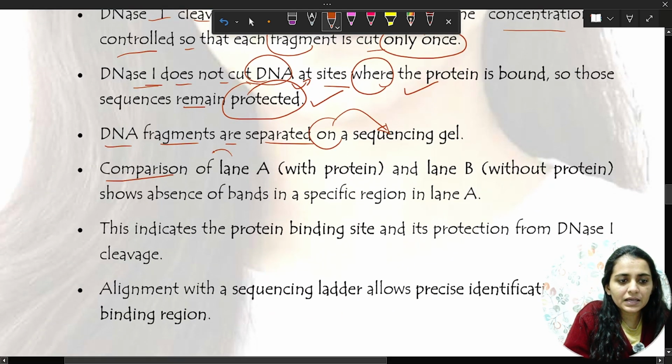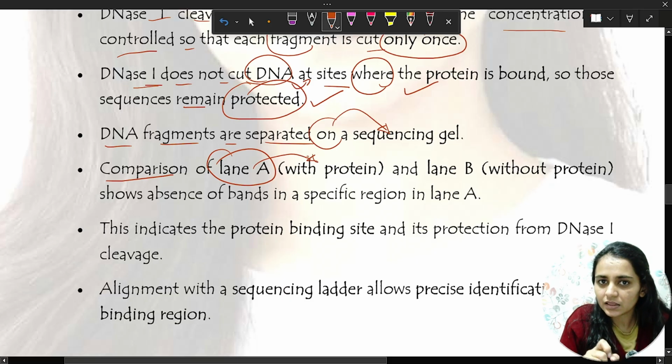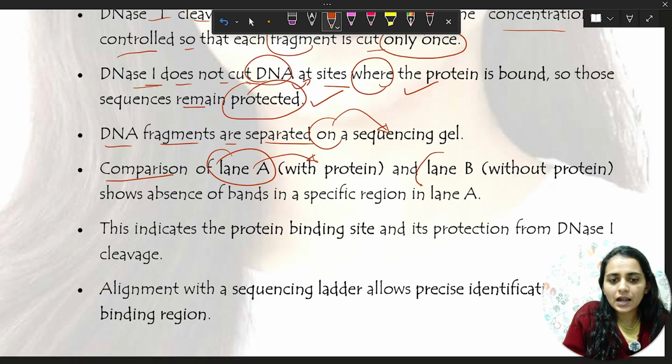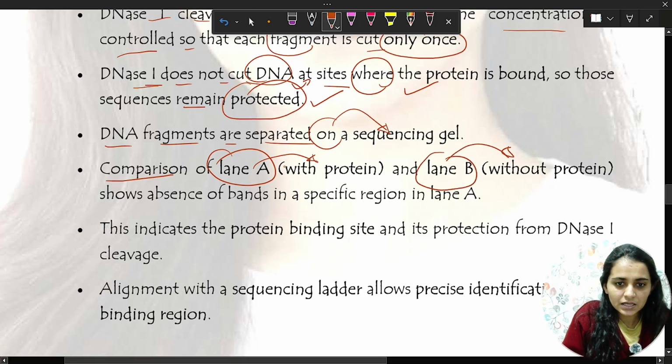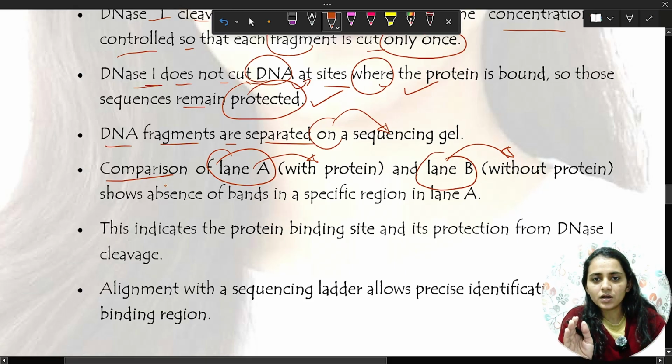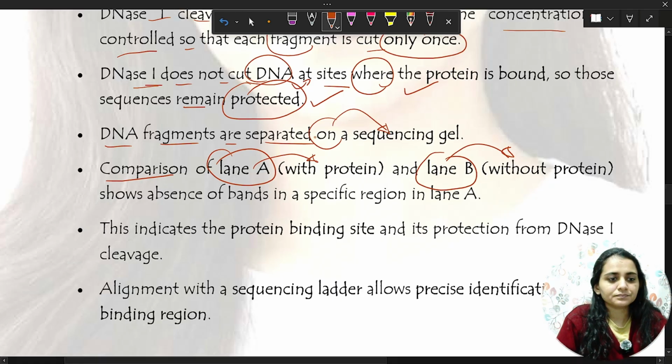We can compare lane A, which has protein on the DNA, and lane B, where we removed the protein, and then find the exact sequence where the protein is binding by comparing each lane.